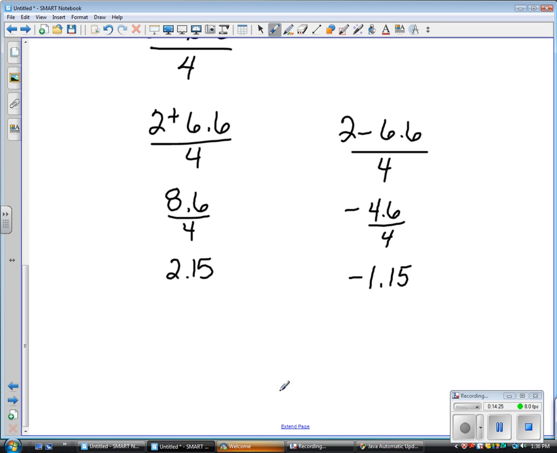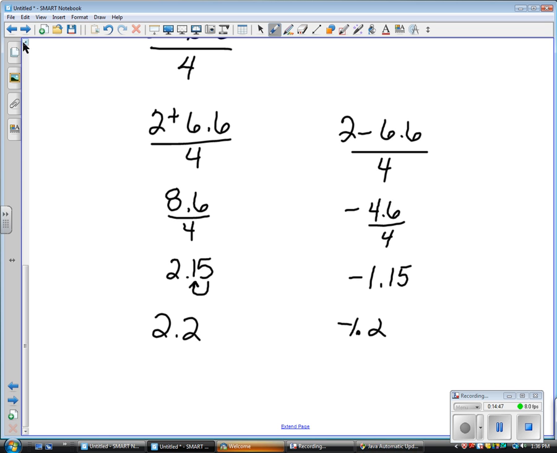How is that rounded to 2.2? If you round to 2 places, that 5 will make that 1 go up. So that would be 2.2, and that would be negative 1.2 if I ask you to round to the tenths place. And it may not, you just have to read the directions to see whether you did that.